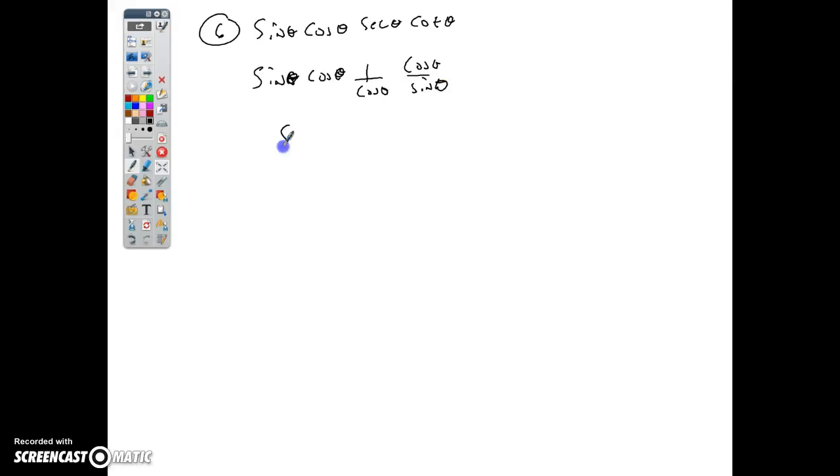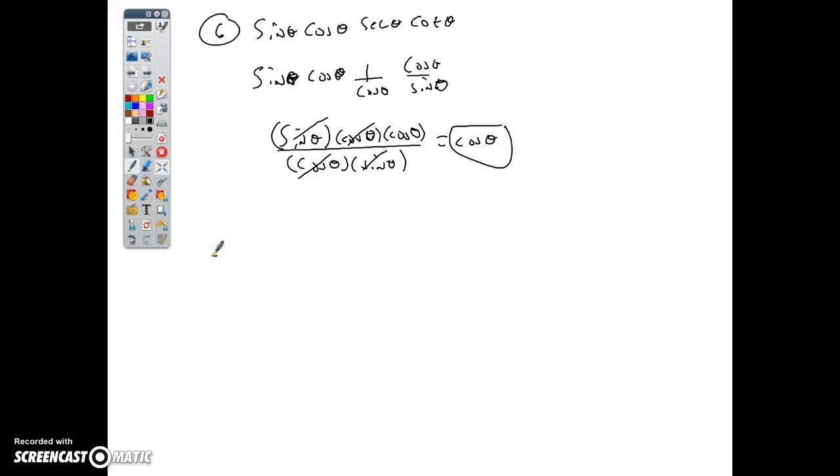So that would be sine times cosine over cosine times sine. Good algebra. Can you go through the algebra, please? It's all multiplied, so I can get rid of any common factors.